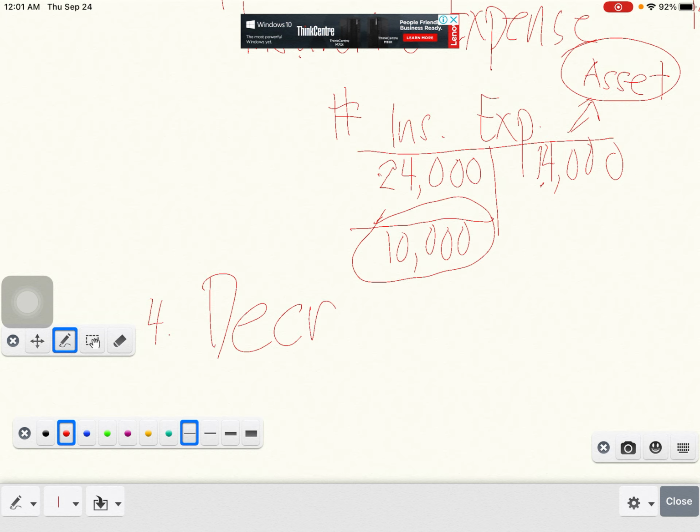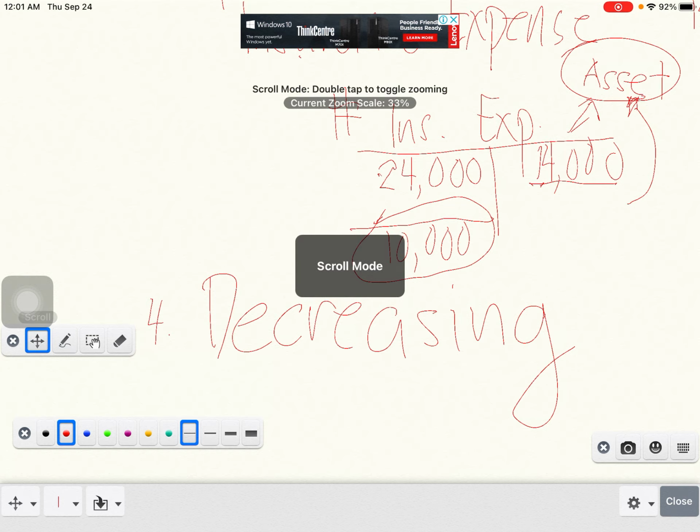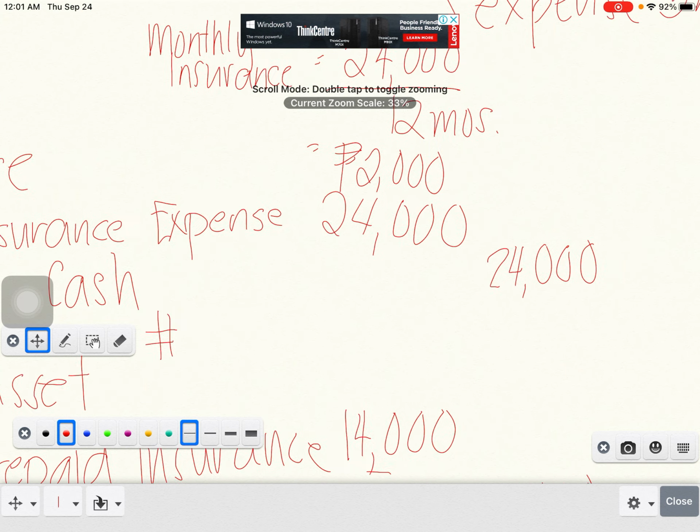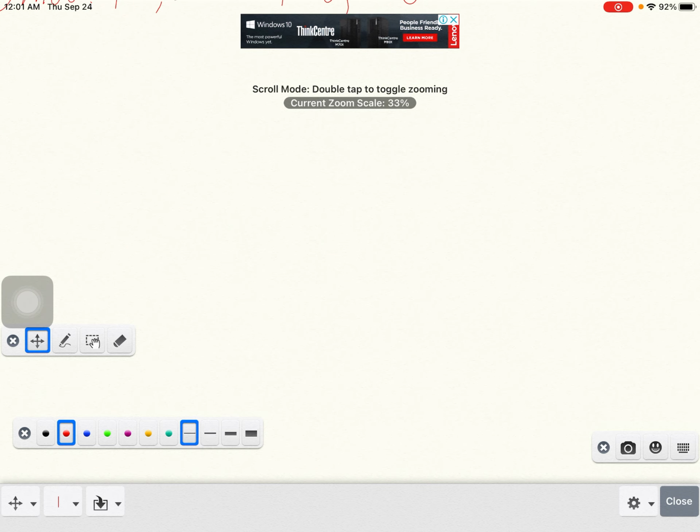So, we are decreasing the amount of our expense because we are transferring the 14,000 to the asset. We split it. So, this is for the expense method.